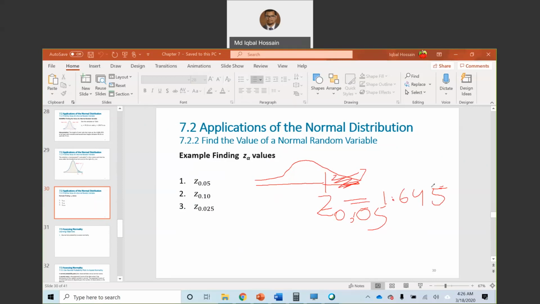But if we are using 1.64, that should be pretty good for this course. So this is how we are calculating this.